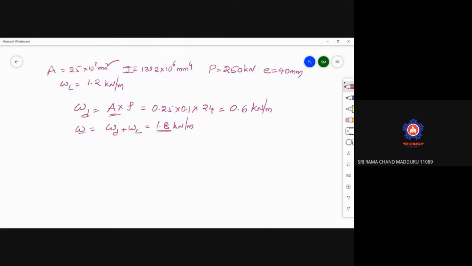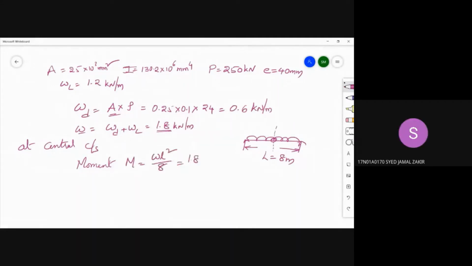So they are asking to find the resultant stresses at the central cross section. This is your beam, a UDL is acting like this. This is the central cross section, span L is equal to 8 meters. At the central cross section, moment M is equal to WL square by 8.